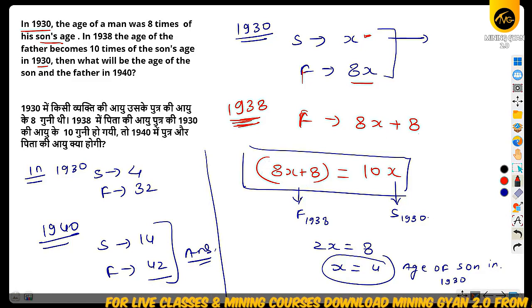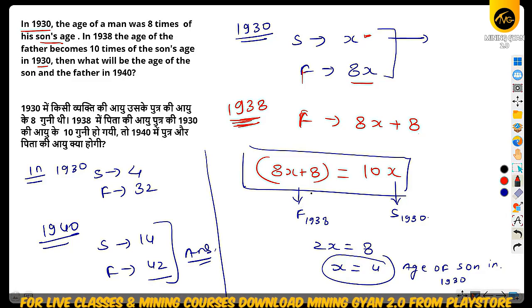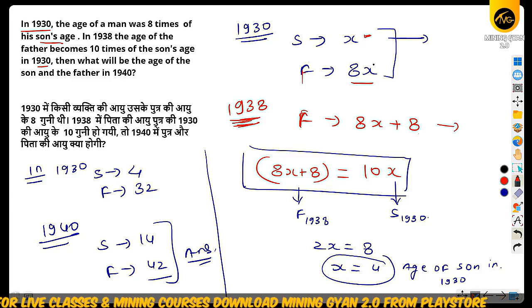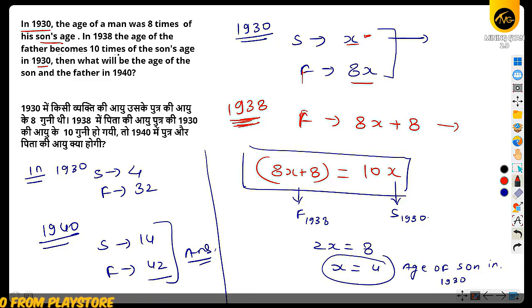This is the expression of the father's age, that is 8x plus 8, because it's 1938's age. Now what is the son's age in 1930? It's x, and 10 times, that means 10 into x. So this is the age of son in 1930.